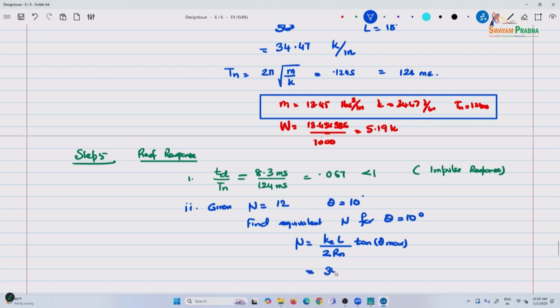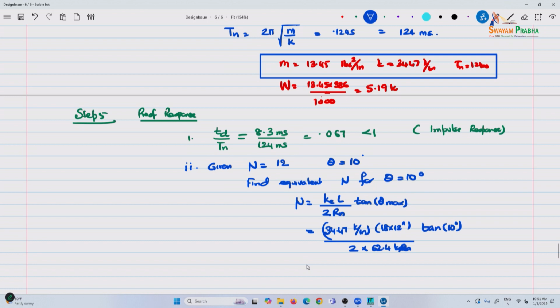So 34.47 times 18 divided by 2 times 62.4 kips per inch multiplied by tangent of 10 degrees gives you, so you have a choice of 12 or 10.